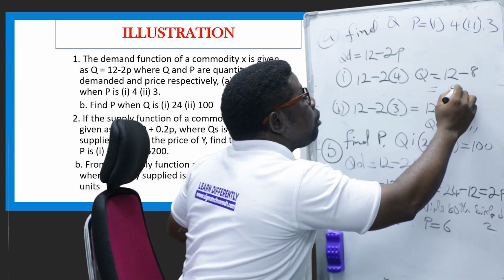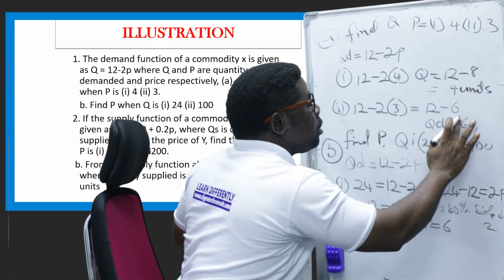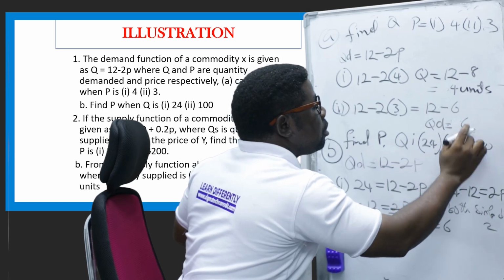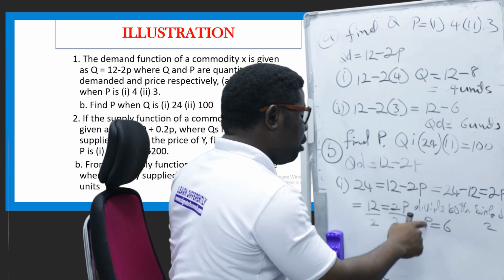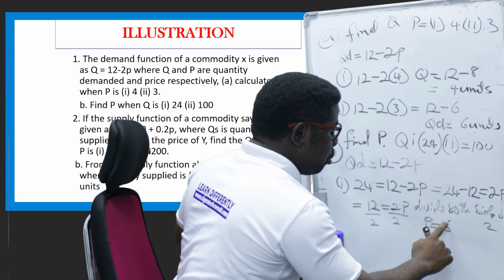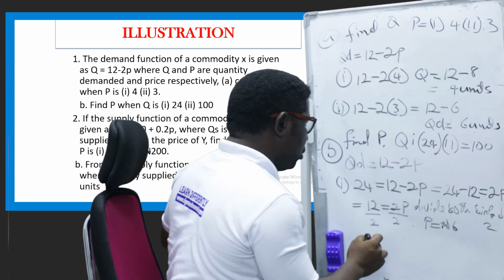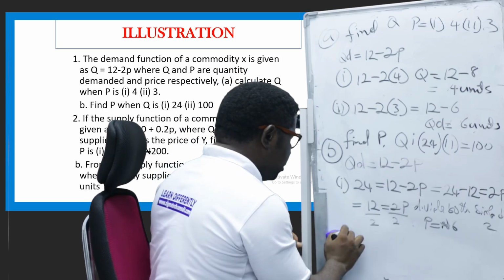This is 4 units. And this is 6 units. All right. So here we're looking for P. So we'll have P is equals to 6 naira.